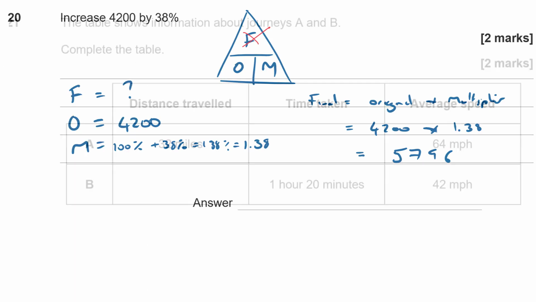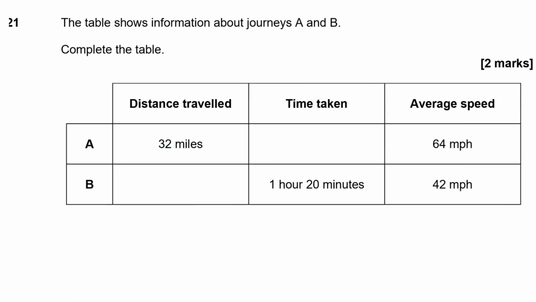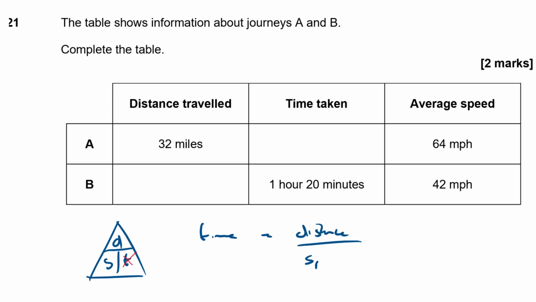5,796. Question 21. The table shows information about journeys A and B. Complete the table. Okay, now there's a similar triangle for this as well. DST, distance, speed, time. So that tells you how to find one from the other. So if I want to find time taken from distance and speed, I would cover up the T, and that tells me that time equals distance divided by speed.